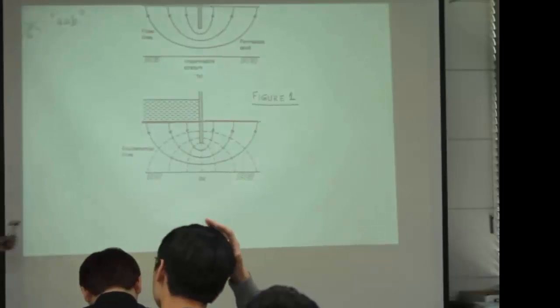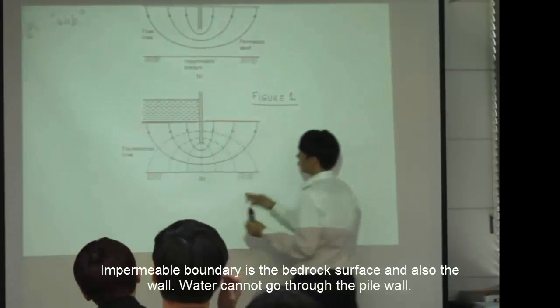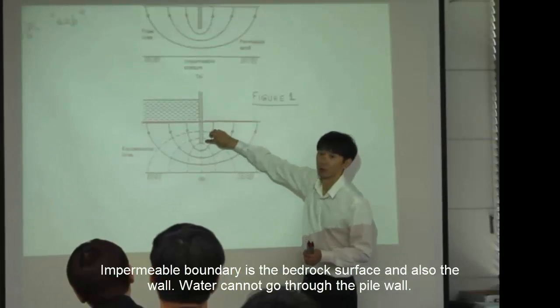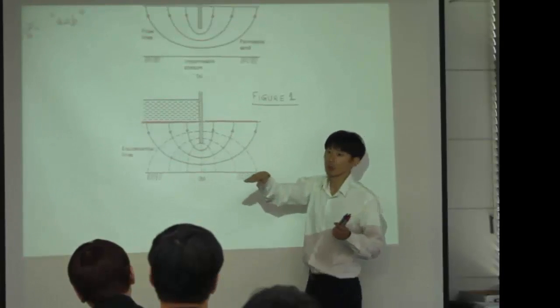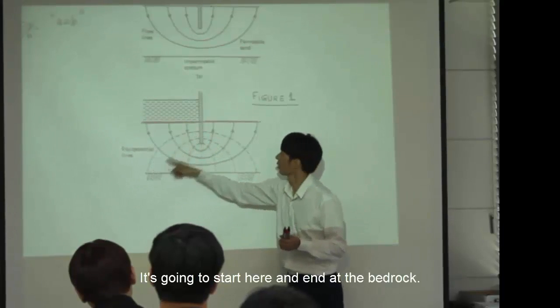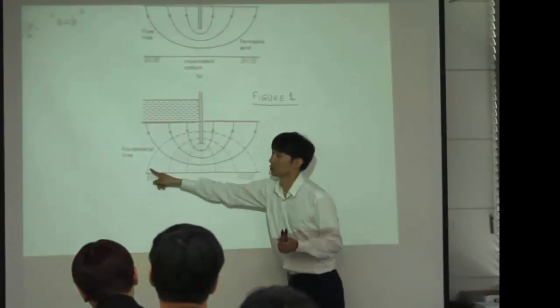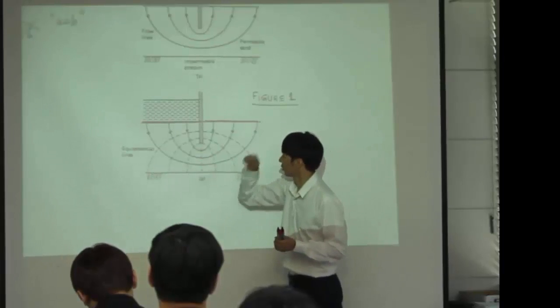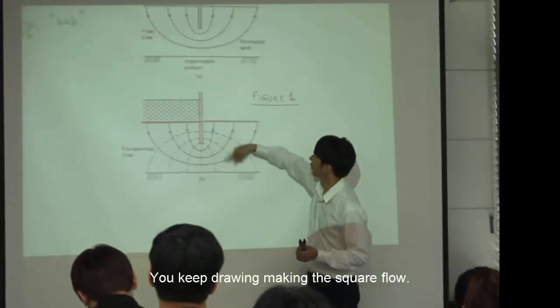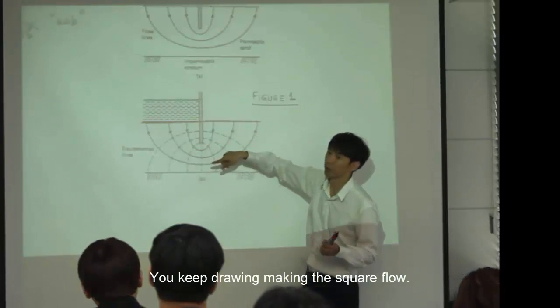Where is the impermeable boundary? The impermeable boundary is the bottom bedrock and also the wall. Water cannot penetrate the wall. So it starts from here and it's going to end at the bedrock, but you will maintain the normality at each intersection, and you draw it to make it a square flow.